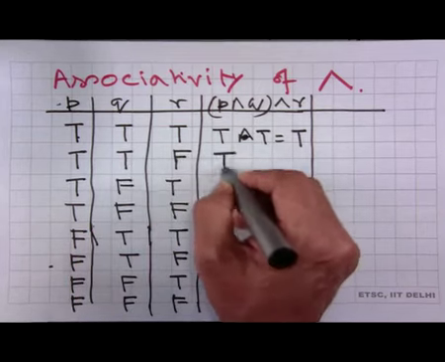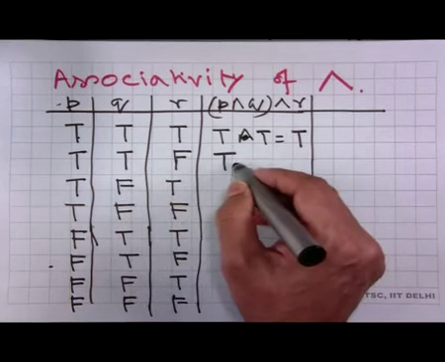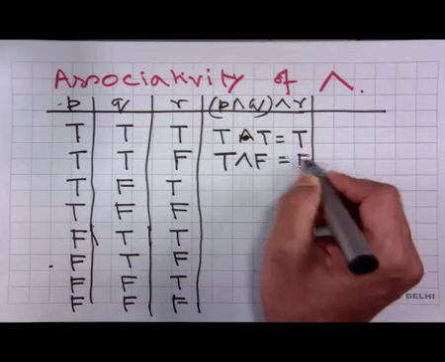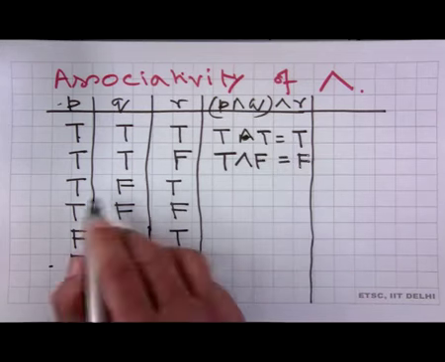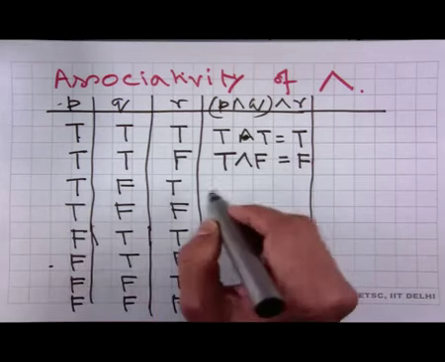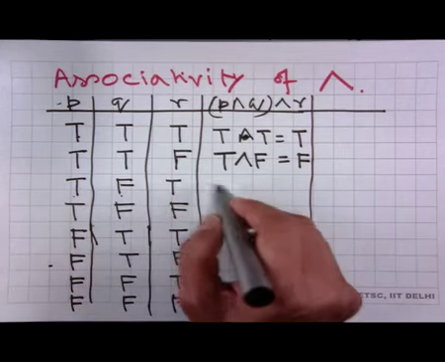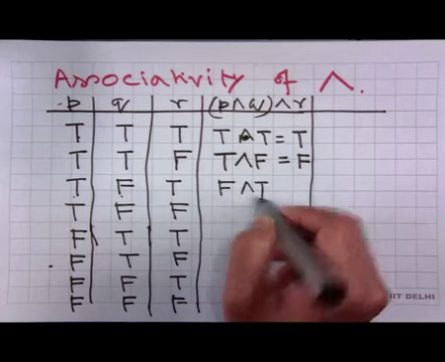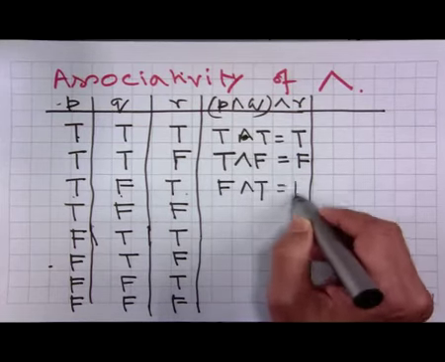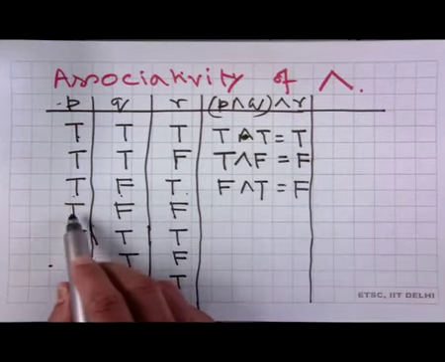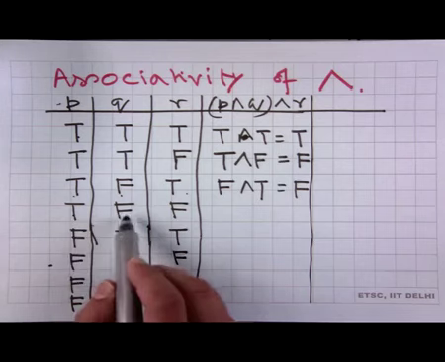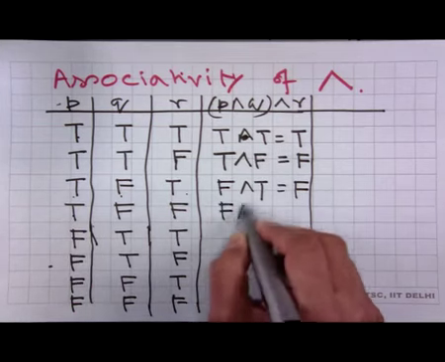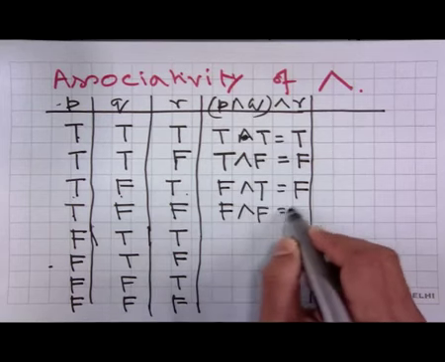So, P and Q is true and R is false. Therefore, this is going to be false. P and Q is true and F, therefore that is false. Therefore, if this is true, still we get false. True and false is going to be false again. Therefore, this is false.